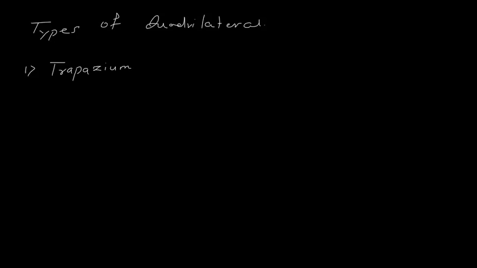Now, let us see types of quadrilaterals. We have a few types, and first we will discuss the trapezium. A trapezium is a quadrilateral in which one pair of opposite sides is parallel.